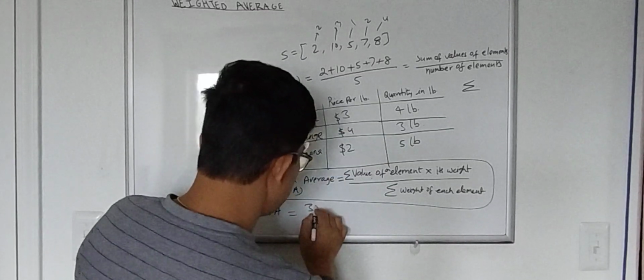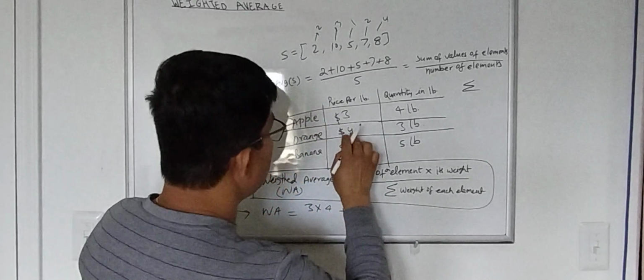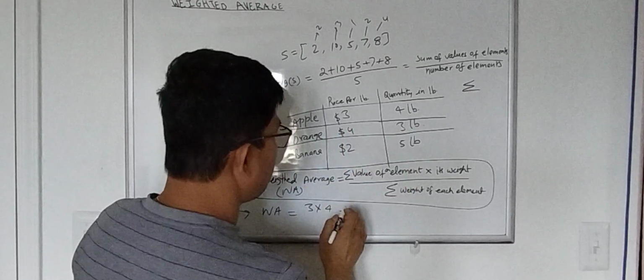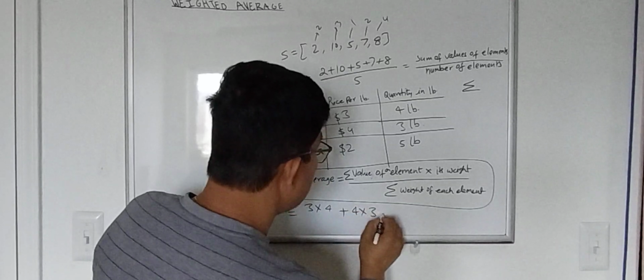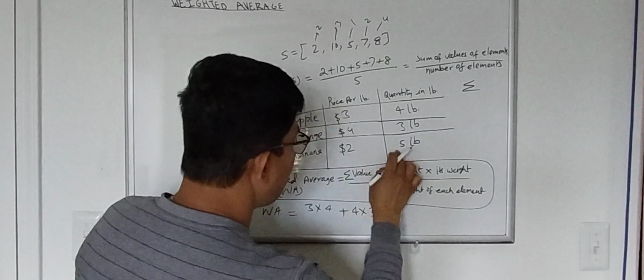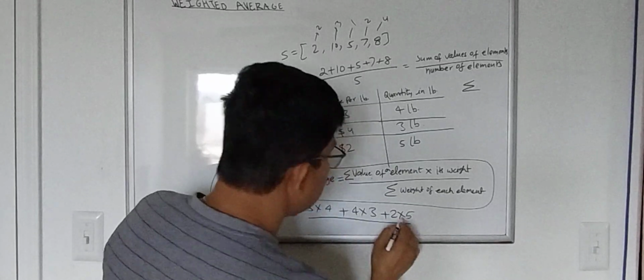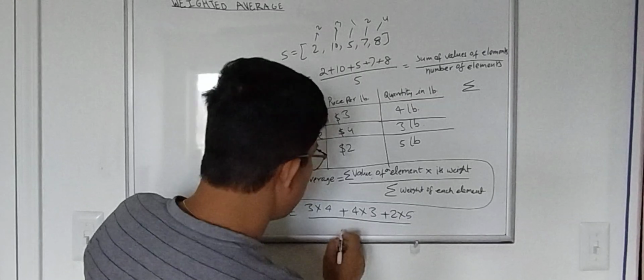So 3 times 4, correct? Plus, what is the value for orange? $4 per pound, and 3 pound is the weight. So 4 times 3 plus, for this one, 2 times 5. And divide by the sum of the weight. So 4 plus 3, 7 plus 5.